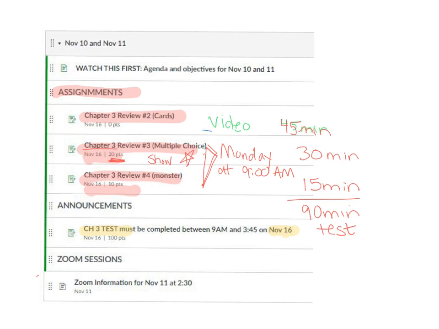Where this assignment has a video with answers and all the steps and explanations, these 2 assignments have just an answer key attached at the back.